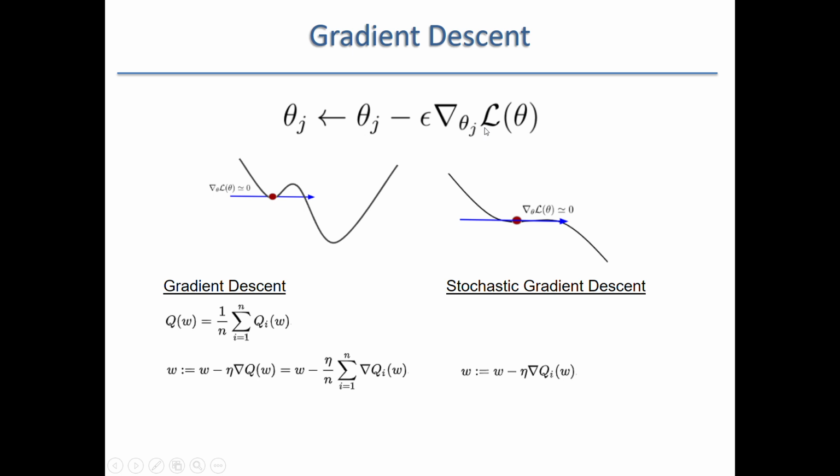So the idea is that if increasing the coefficient makes the loss larger, we want to decrease the coefficient. That is the meaning of this minus sign. And the idea of the learning rate is that we are approximating the loss function by a line, and then how much we travel along that line.